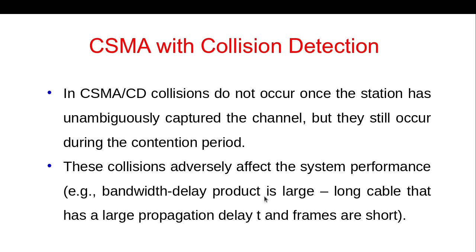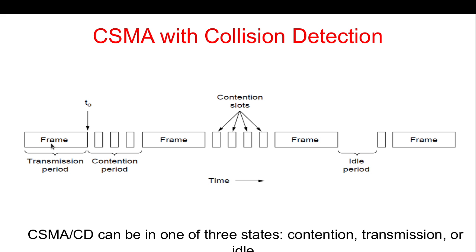So in CSMA/CD, collisions do not occur once a station has unambiguously captured the channel, which is shown here. Because once a station has started transmitting in its slot, this will be detected by the other stations, and they will not start in that period.